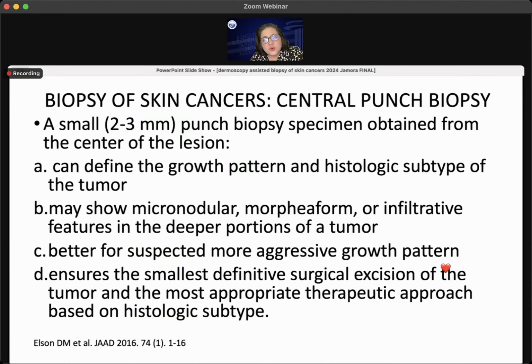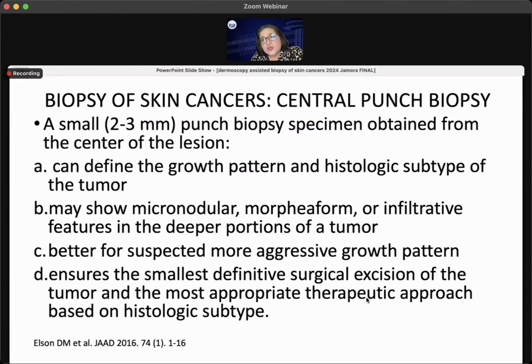Okay, so you can use a 2 or 3 millimeter punch at the center of the lesion, and this can show you both the growth pattern and the histologic subtype of the tumor, which can be either basal cell, micronodular, morpheoform, or infiltrative. This is better for the more aggressive growth patterns, and it ensures a small, definitive excision of the tumor and the most appropriate therapeutic approach based on histologic subtype.